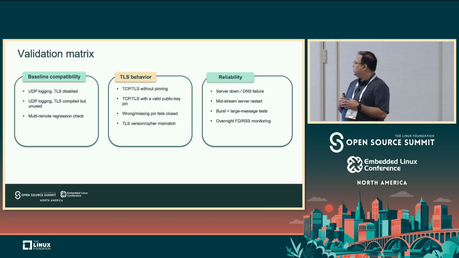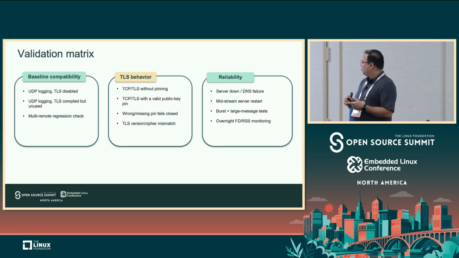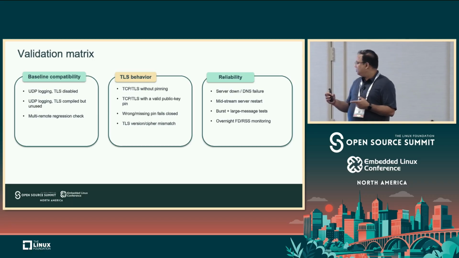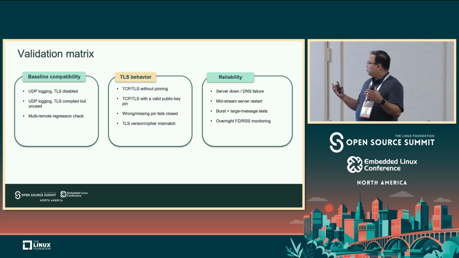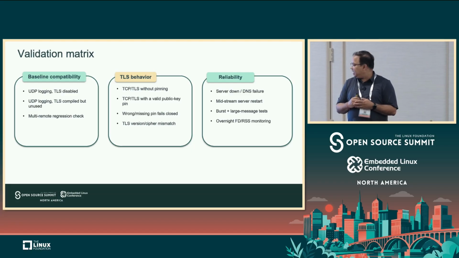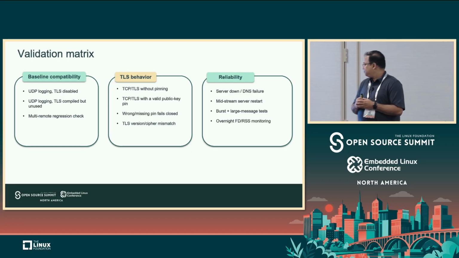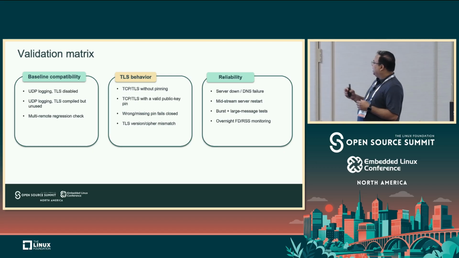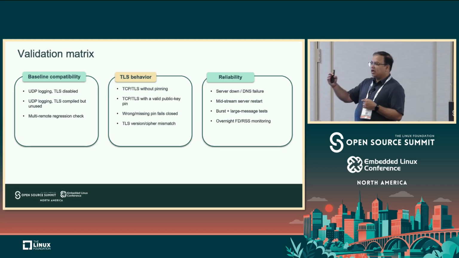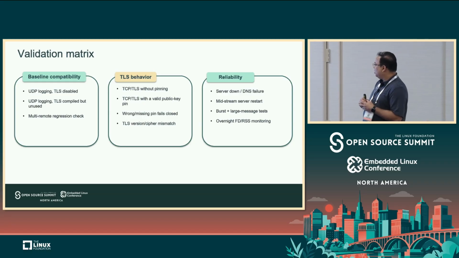The TLS behavior is tested with TLS over TCP without pinning, with pinning, and with a valid public key. If the key mismatches or the pin fails, it handles things properly. And then the TLS version and cipher mismatch. Reliability-wise, if the server is down or there is any DNS failure, those cases are handled properly in the code.